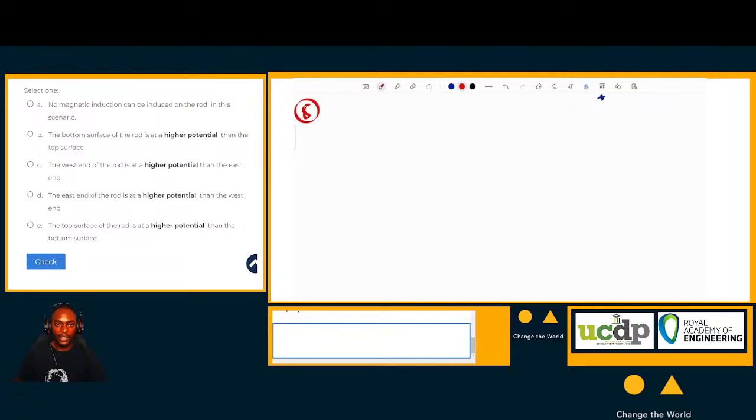A: No magnetic induction can be induced on the rod. B: The bottom surface of the rod is at a higher potential than the top surface. C: The west end of the rod is at a higher potential than the east. D: The east end of the rod is at a higher potential than the west end. Then E: the top surface of the rod is at a higher potential than the bottom surface.